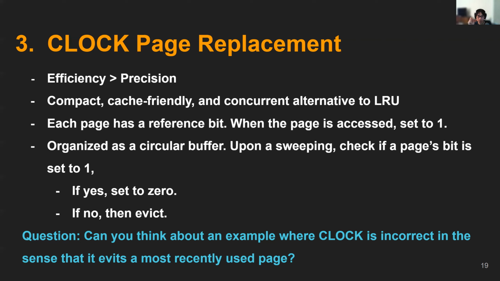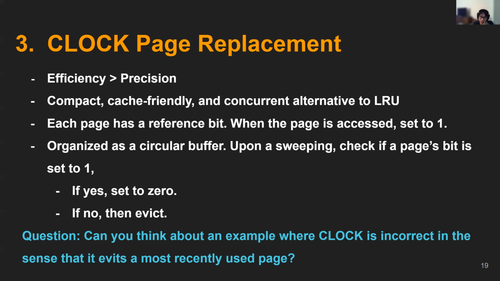So the clock page algorithm is kind of an approximate algorithm for LRU, and it's much more efficient because you only need to change a bit from 0 to 1, and checking bits is, in my mind, faster than LRU. You don't have to keep actual timestamps in your page.